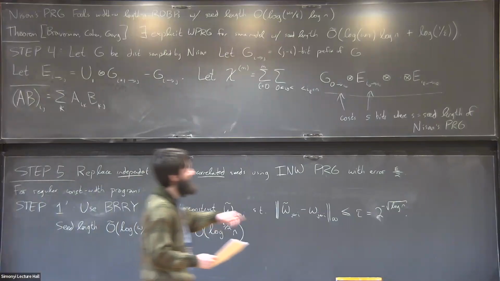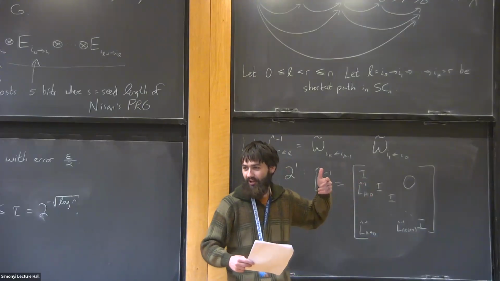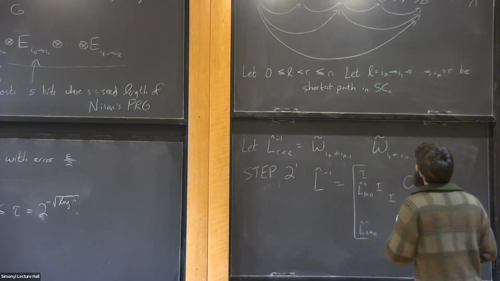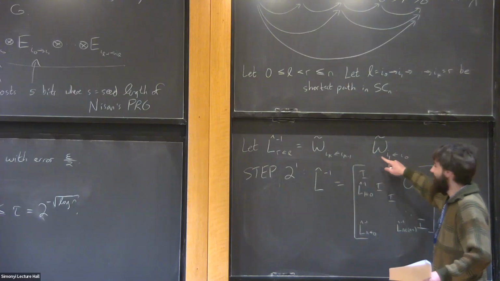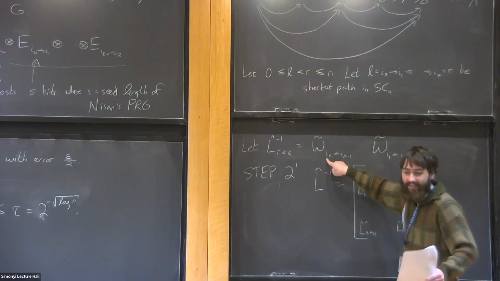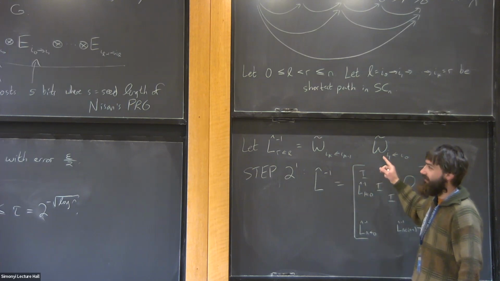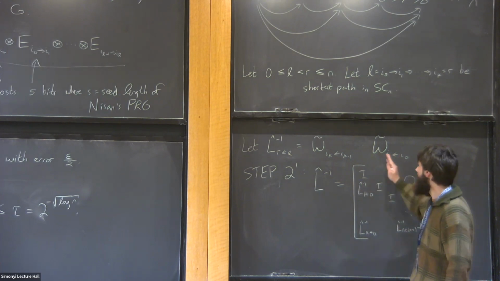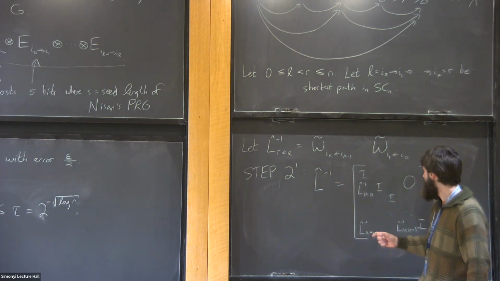Each entry of this matrix at least seems to be an approximation of the corresponding block of the true inverse Laplacian. If we multiply a few of these together, that should be an approximation to going from I0 to IK. We have to pay for multiplying in terms of our seed length, because multiplying corresponds to taking independent seeds to the BRRY generator.